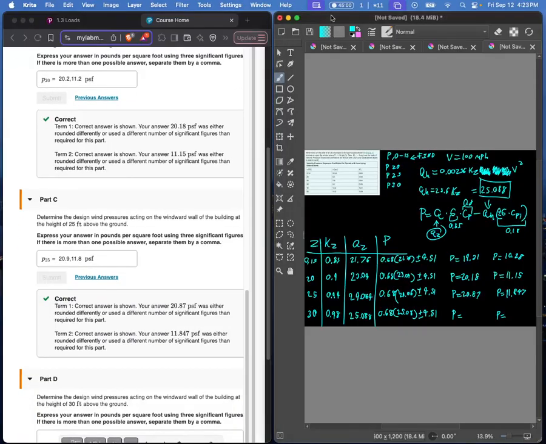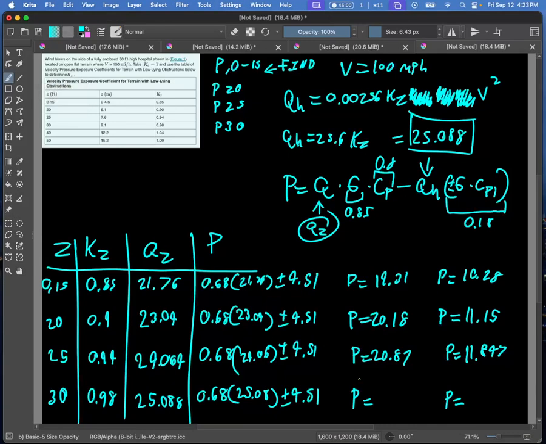And then the last one. 0.68 times 25.08. And then we're going to add to that. And here I'm getting 21.57. And then we're going to subtract from that 12.54.